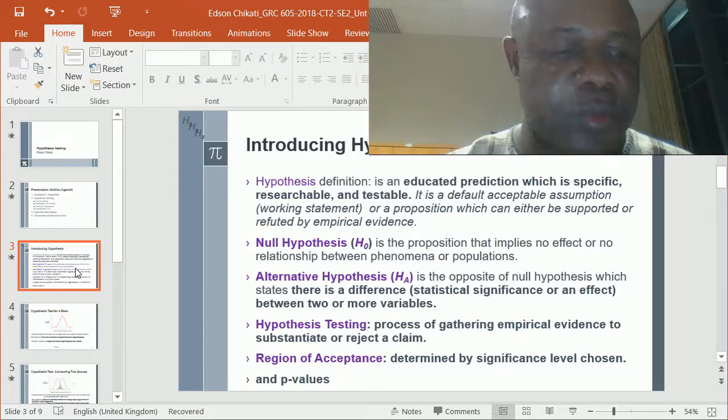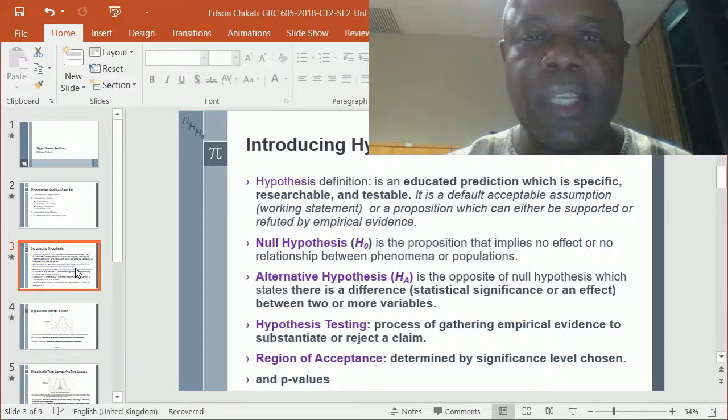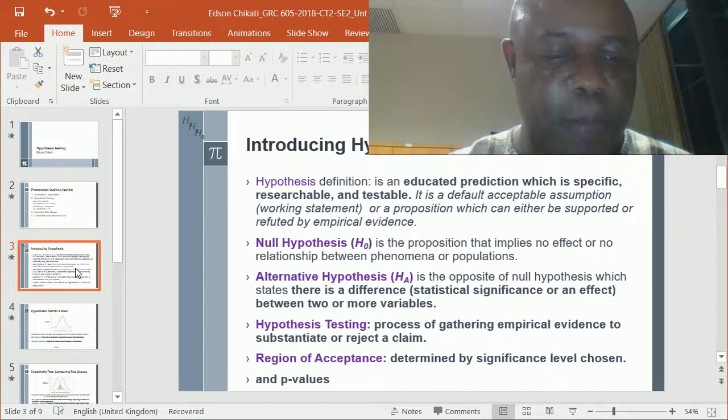The p-value is a measure of the strength of empirical evidence against the null hypothesis. The strength determines whether to reject or fail to reject the null hypothesis. If, for example, the p-value is less than the alpha, this demonstrates a very strong empirical evidence against the null hypothesis.